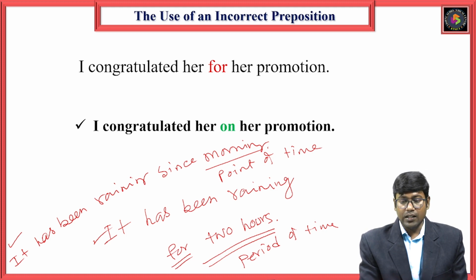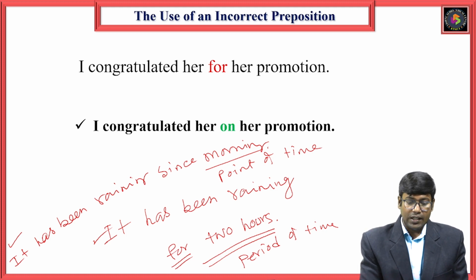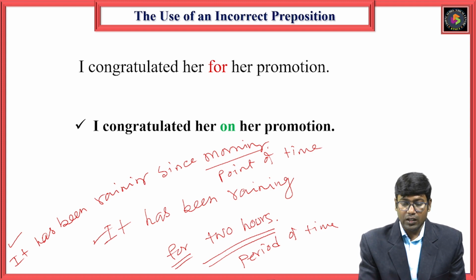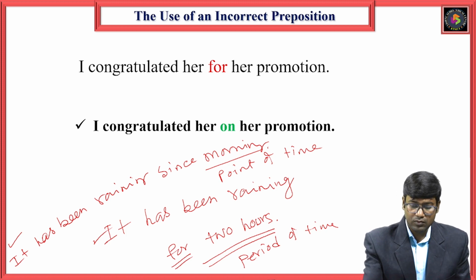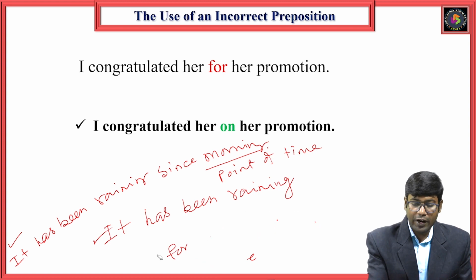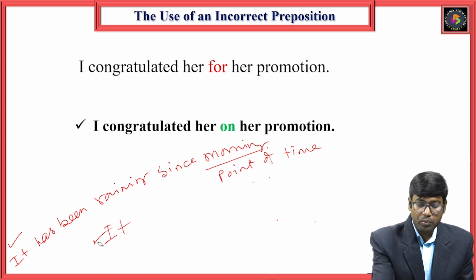So you can understand this example, it has been raining since morning. This is one type of example. Another, it has been raining for 2 hours or 2 days, or even 2 years, whatever it can be. So one is point of time, another is period of time.